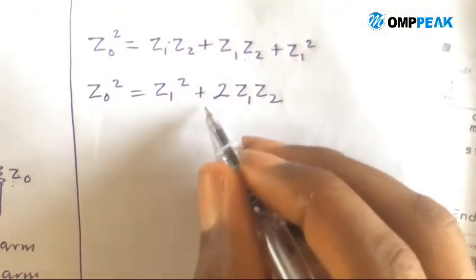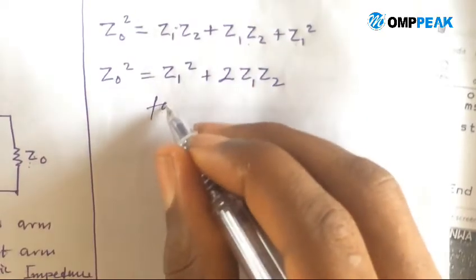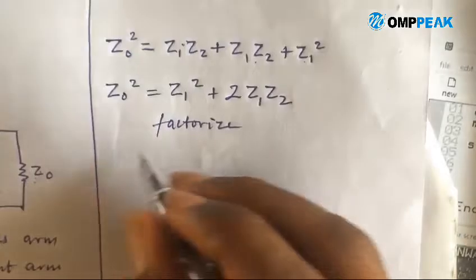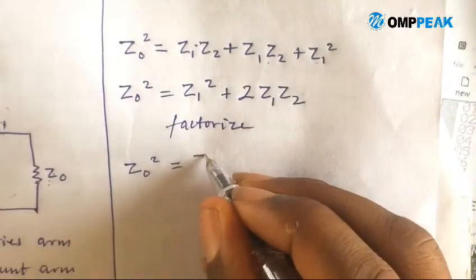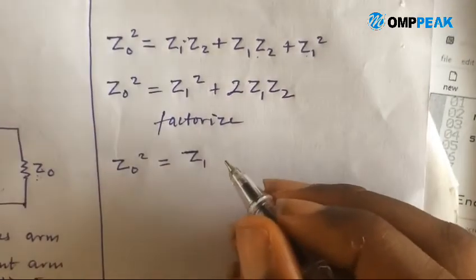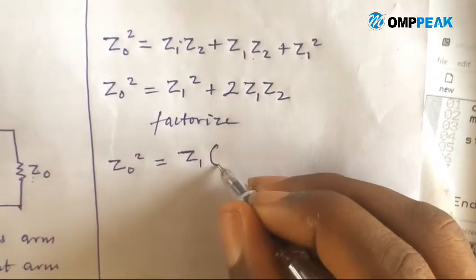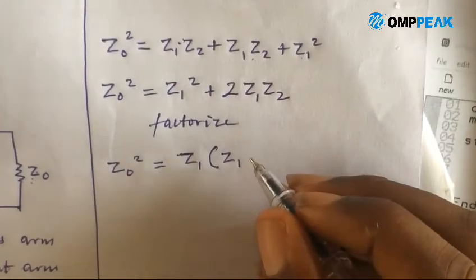So now let's factorize this right hand side. When we factorize this, we obtain something like this: Z1 open bracket Z1 again.